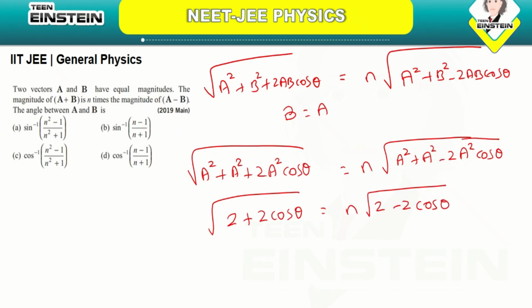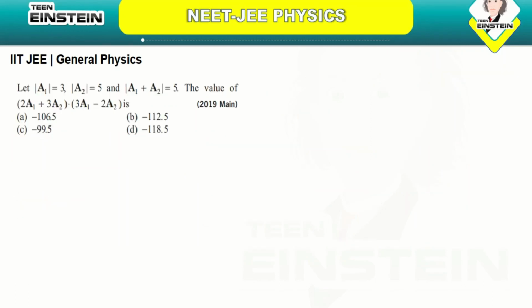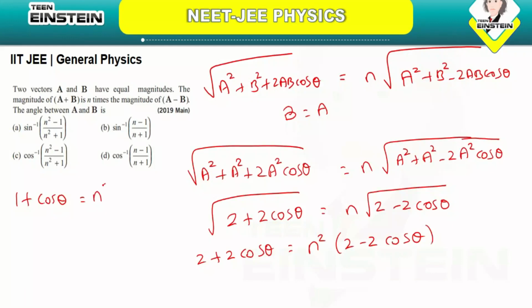Okay. So you take the square on both the sides, you will be having 2 plus 2 cos theta is equal to n square into 2 minus 2 cos theta, or you can take this 2 as common, you will have 1 plus cos theta is equal to n square into 1 minus cos theta.